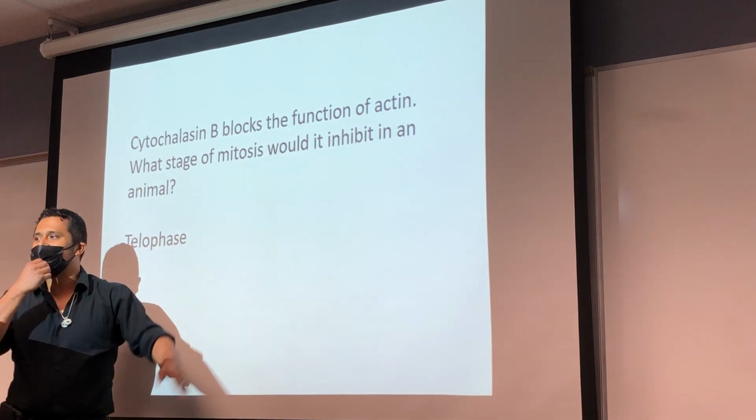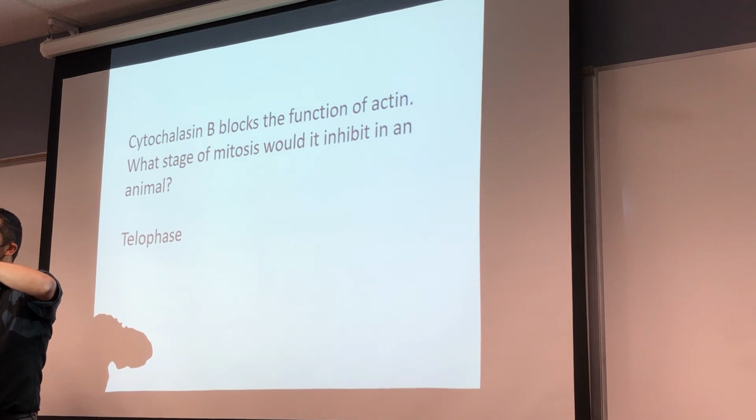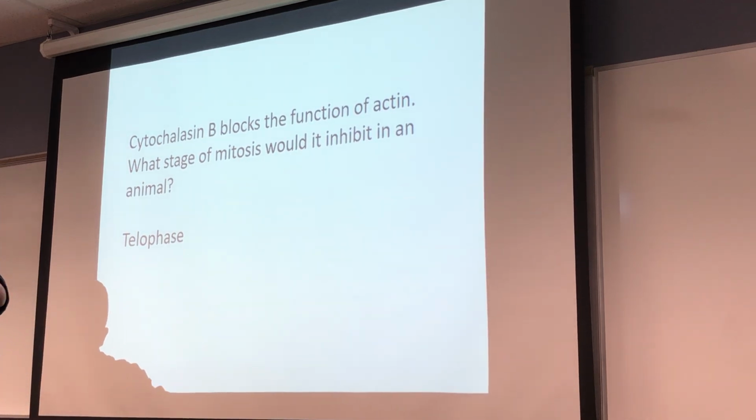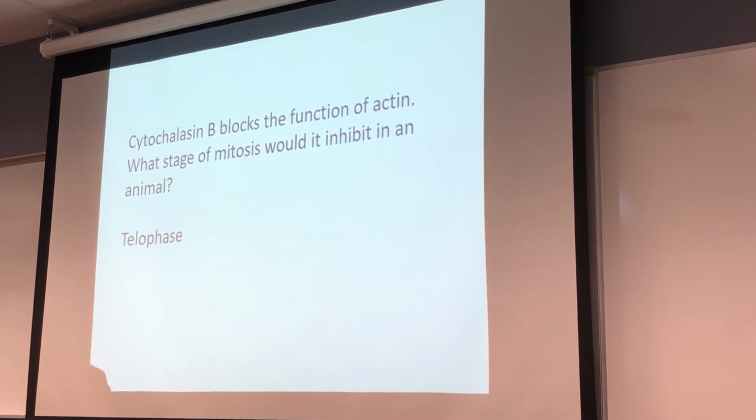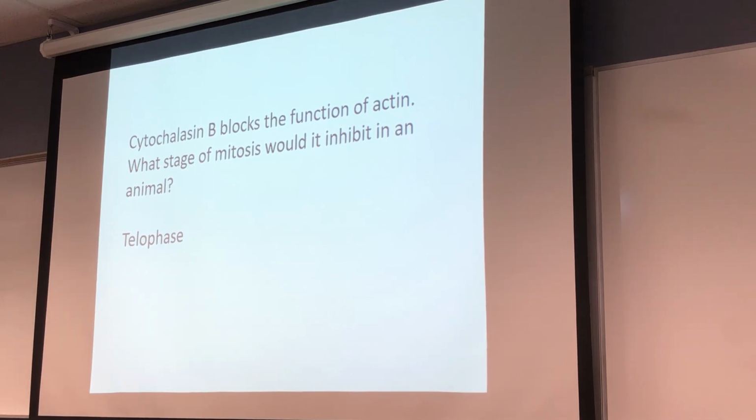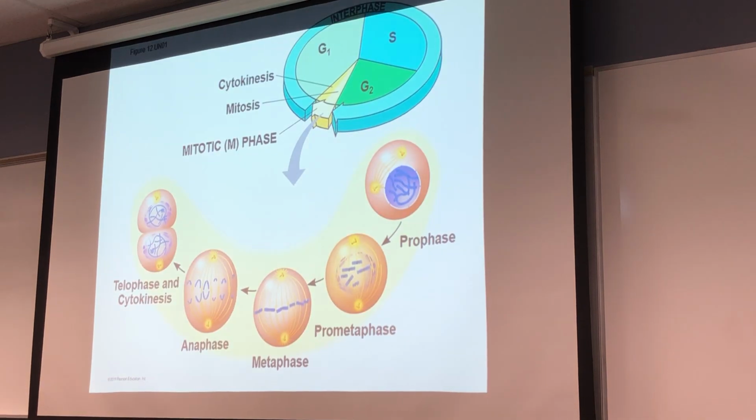Cytokinesis, right? Telophase, cytokinesis. It forms the contractile ring, the cleavage furrow, to create the division of the cytoplasm. Here, it cannot do that because actin is blocked, so it cannot create the contractile ring or make the cleavage furrow. So that will be telophase. Nice, really nice.